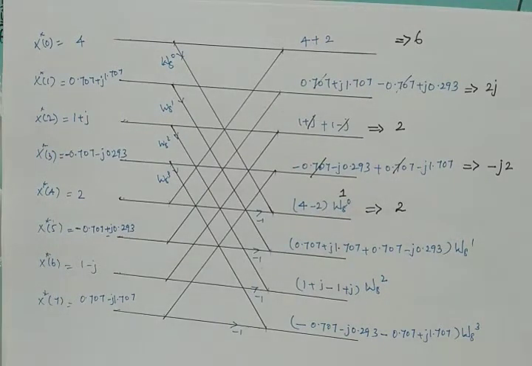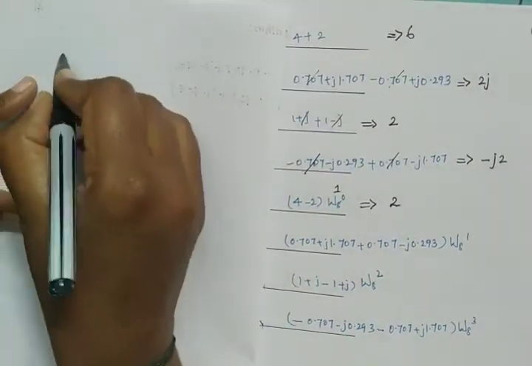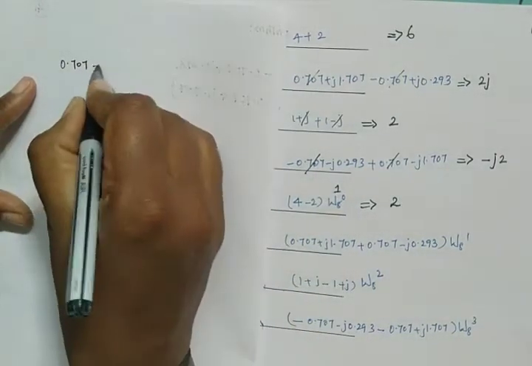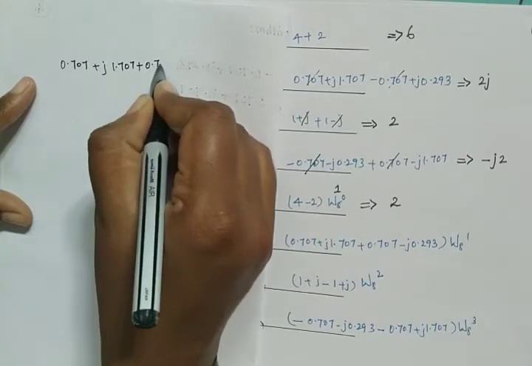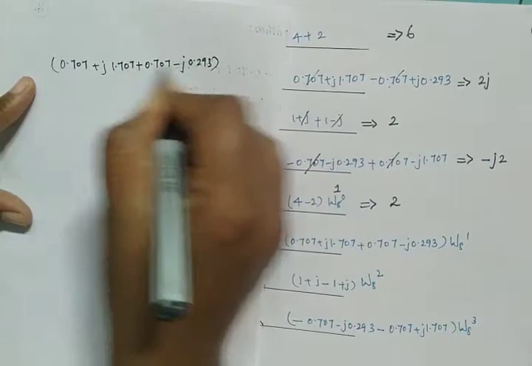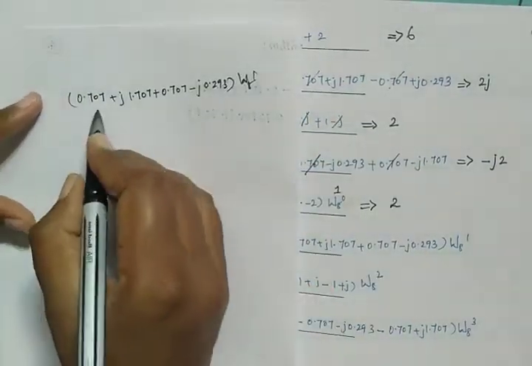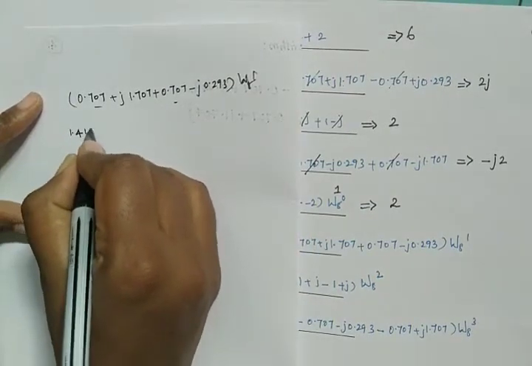Now multiply this. Here we have 0.707 plus j 1.707 plus 0.707 minus j 0.293 into W8 power 1. So this is what we are going to do. So 0.707 plus 0.707 is 1.414.